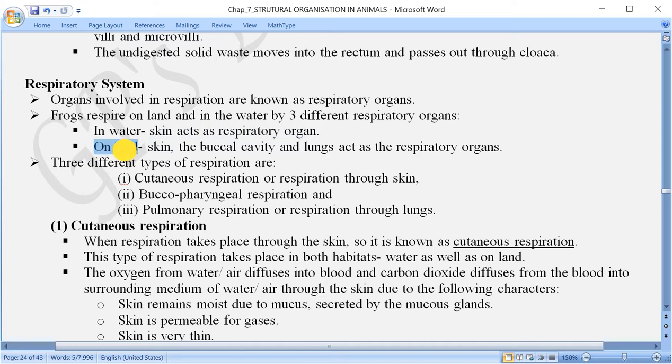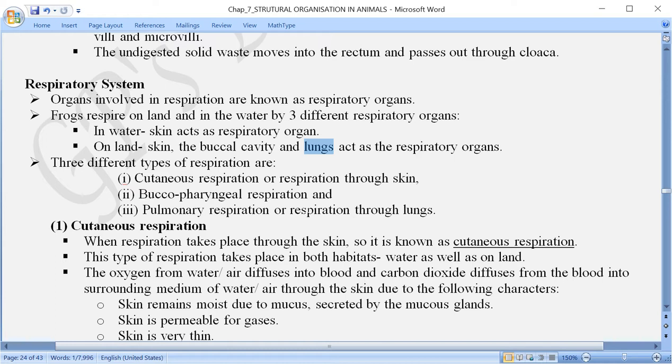When they are on the land, three different structures are there. The skin is the first, and then when more oxygen is needed, they can use the buccal cavity and they also can use lungs. And you know that in the tadpole stage they have gills, which are suitable for exchange of gases from the water, but when they come onto the land, the gills are replaced by lungs.